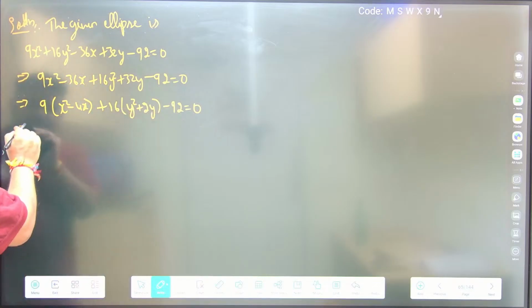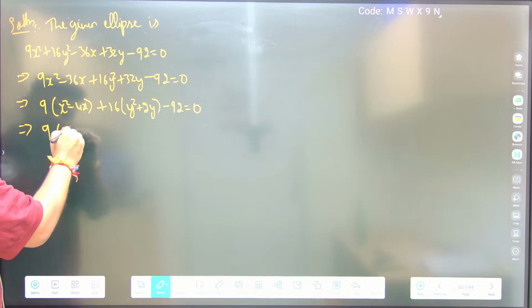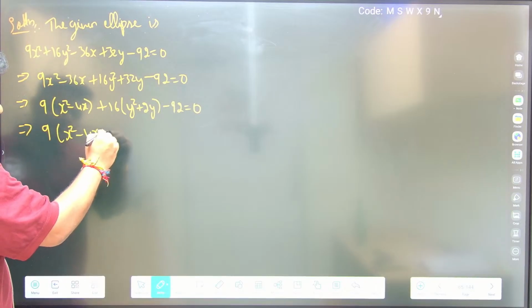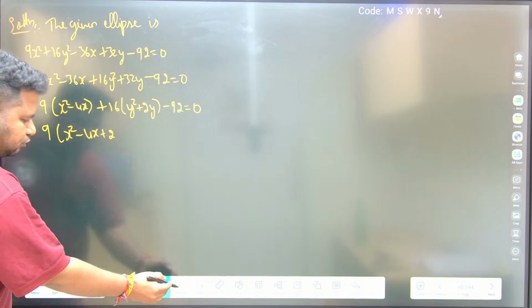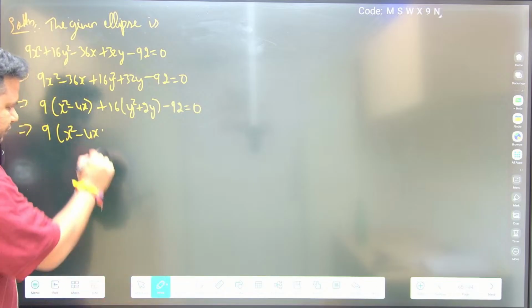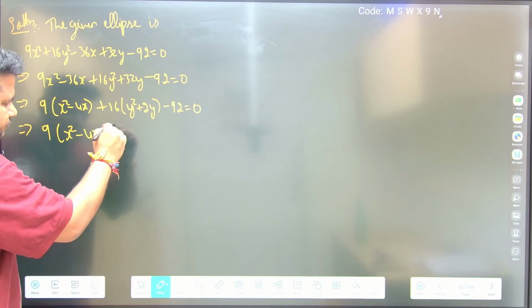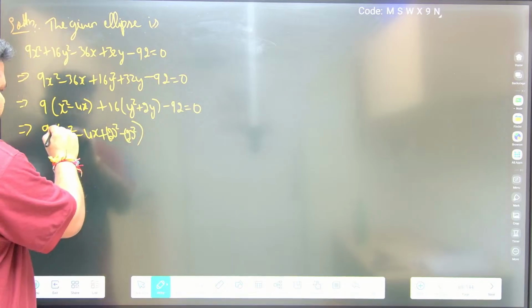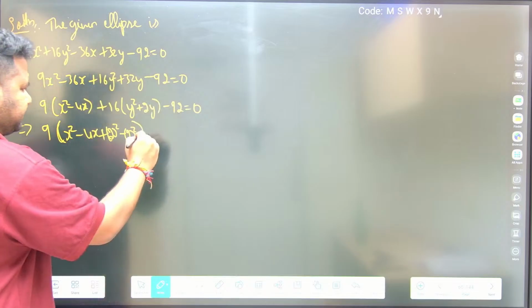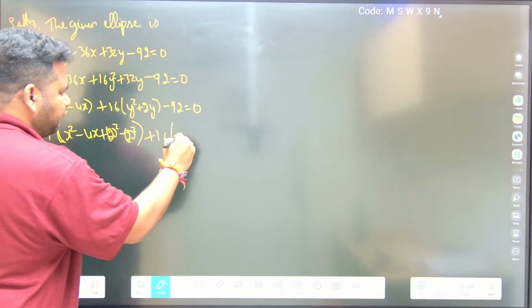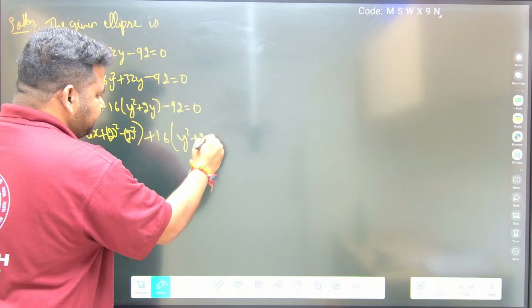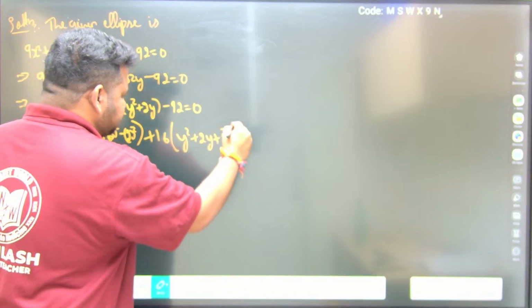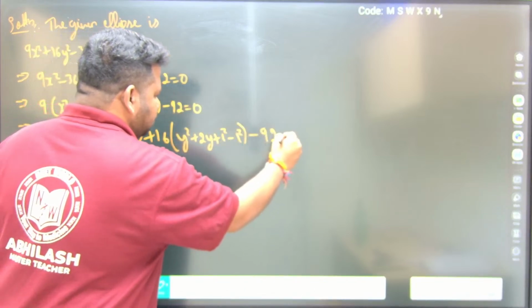So this would become 9(x² − 4x + 2² − 2²) + 16(y² + 2y + 1² − 1²) − 92 = 0.